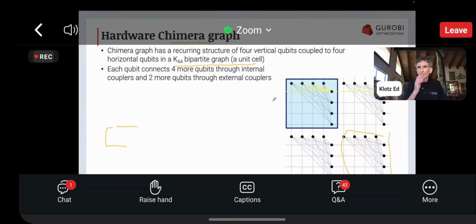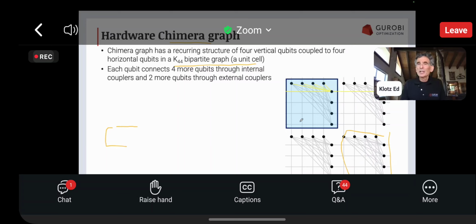So in terms of embedding non-zero structure into this graph structure, it's important to note that even the complete graph of size 3 is not a subgraph of these 4x4 bipartite complete graphs. So we have some work to do.